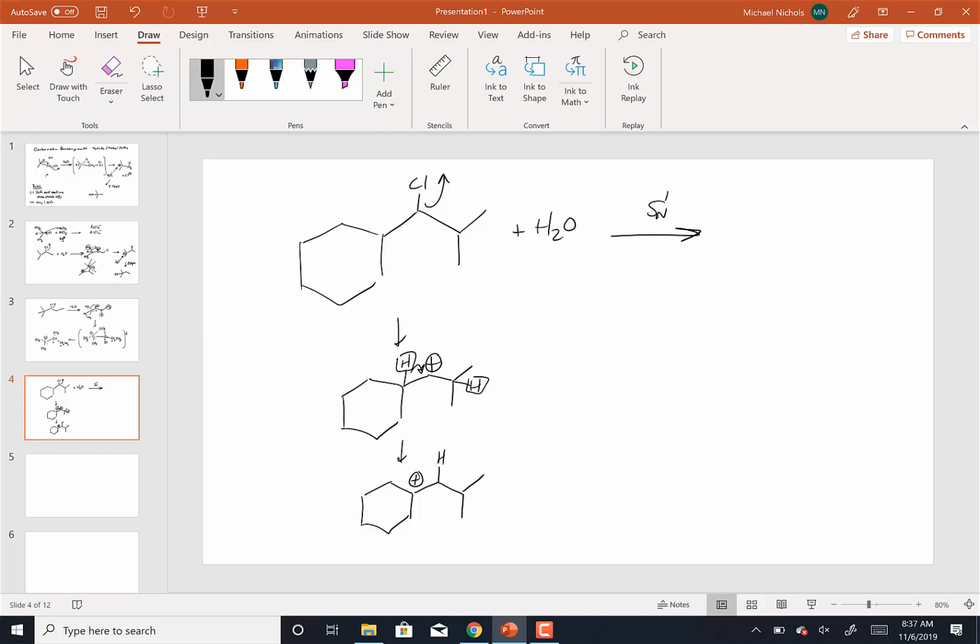What if I shift the hydrogen on the right? What am I going to end up with? Make sense?